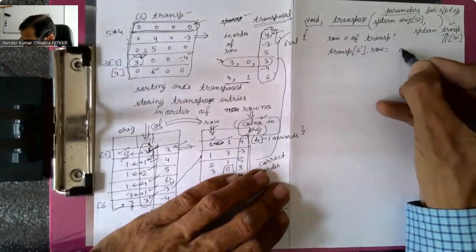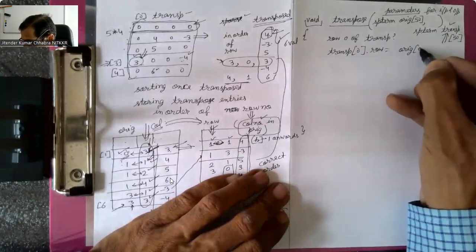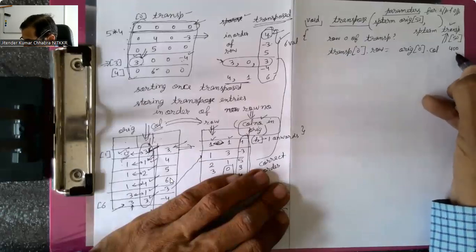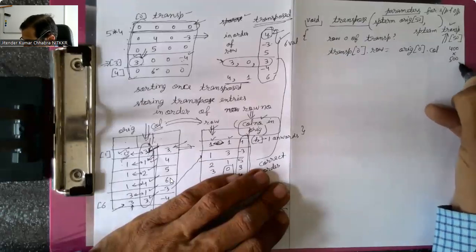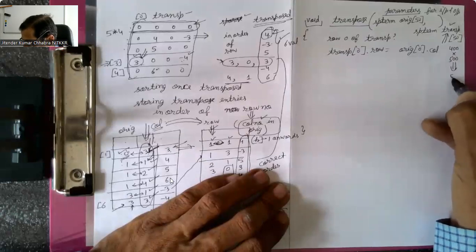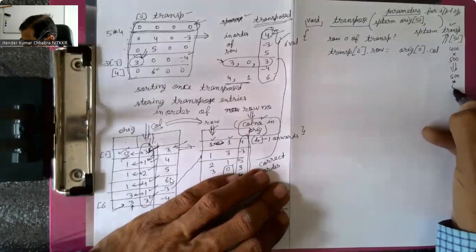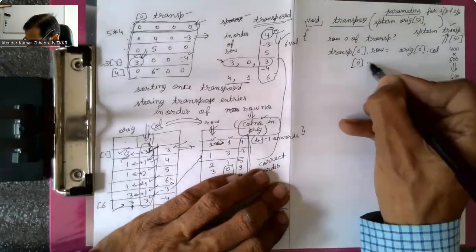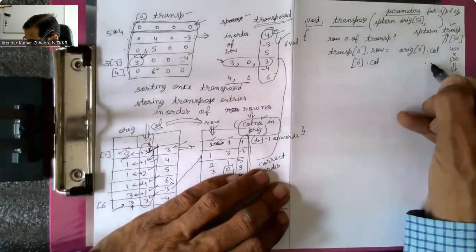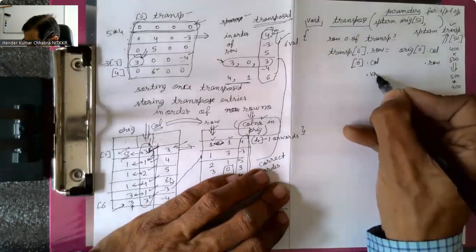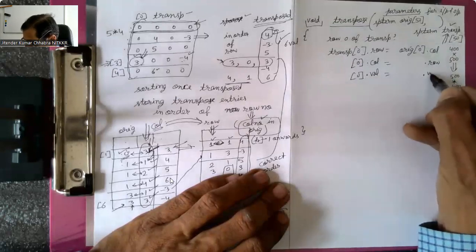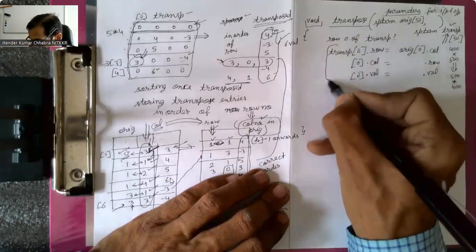It has to be original[0].column. If earlier my order was 400 into 500, now the order will be 500 into 400. Similarly, transP[0].column will be original[0].row, and the total number of values will definitely remain the same, so this can be .val. The first row gets defined.